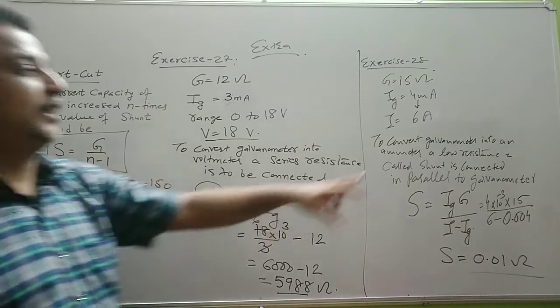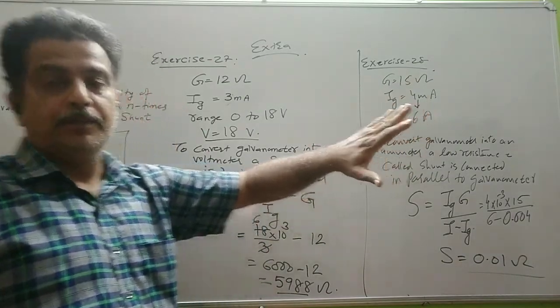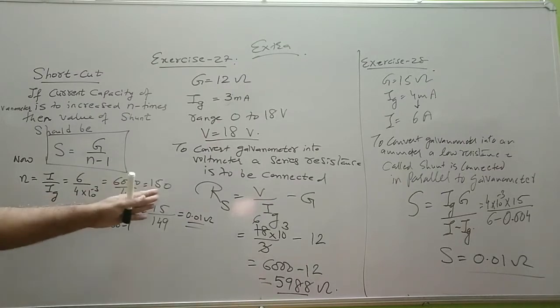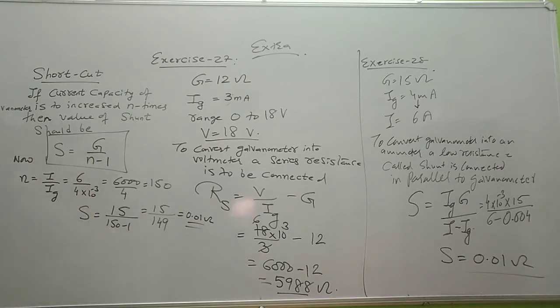Generally, suppose 4 ampere capacity is given, then it would be 1000 times or 100 times, whatever is the answer, you do the calculation like this. So this is one shortcut. If the current capacity of the ammeter has to be increased, you divide the resistance of the galvanometer by n minus 1, where n is how many times you have to increase the current.